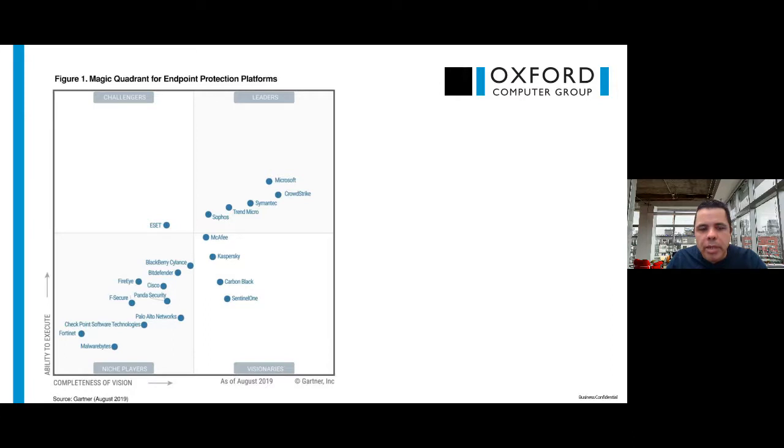So Microsoft Defender for Endpoint is able to provide that same level of assurance as the other leaders in the market: Trend Micro, Sophos, CrowdStrike, Microsoft. Now, of course, Symantec is out because Symantec sold off their enterprise security solutions to Broadcom. So we see, again, that consolidation in the market, but Microsoft is certainly in that leader space for endpoint protection platforms.